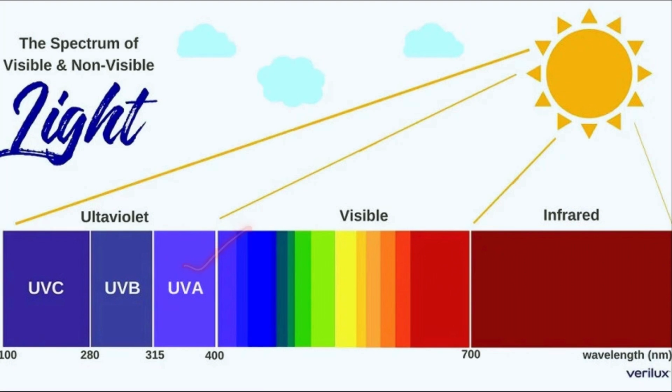The UVA region is from wavelength 315 to 400 nanometers, UVB radiations are from 280 to 315 nanometers, and UVC radiations are from 100 to 280 nanometers. So the most energetic ultraviolet radiations are UVC, then less energetic are UVB, and the least energetic are UVA radiations.